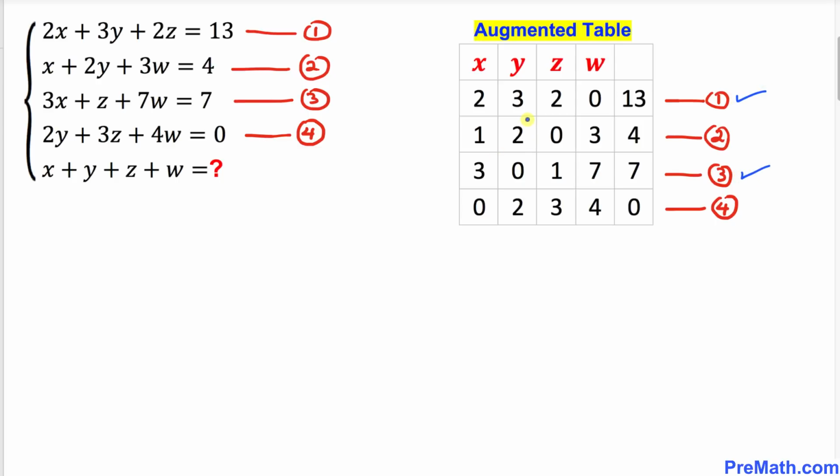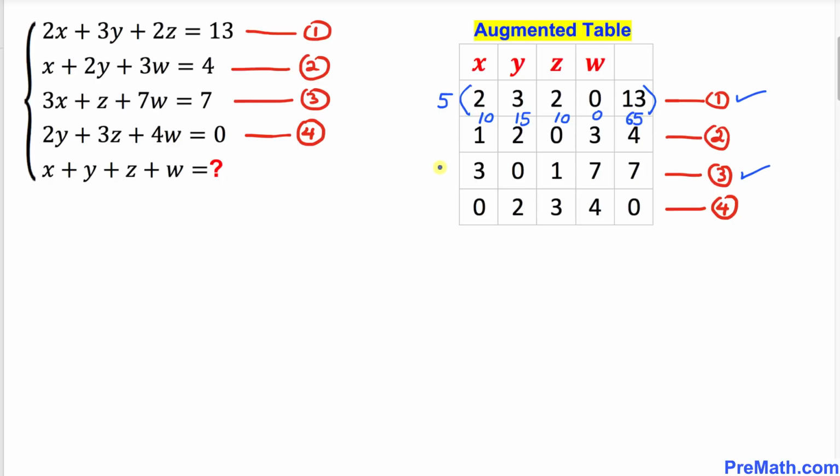Here I am going to manipulate these two equations by multiplying the first equation by 5. So when I multiply by 5, this is going to become 10, this is 5 times 3 is 15, this is 10, this is 0, and 5 times 13 is 65.